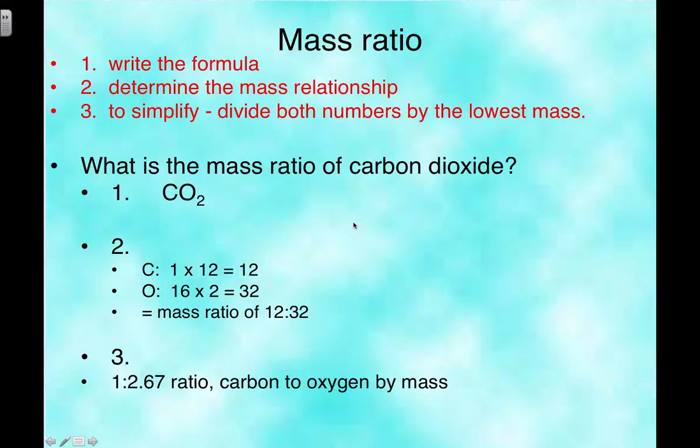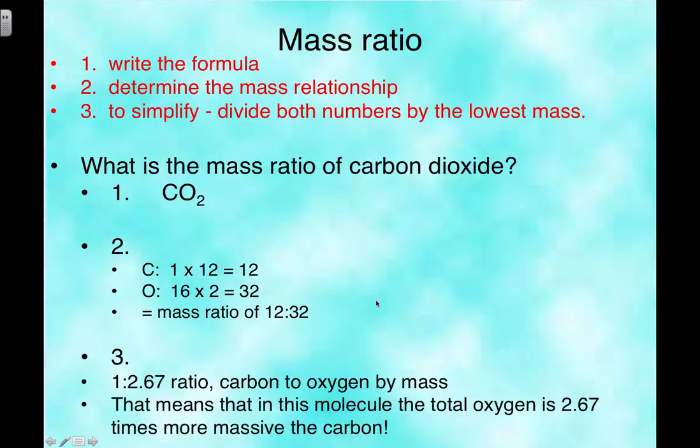Okay? Very simple. And this is just all the stuff that we've been doing. We're just using it, taking it one step further now. That means that in this molecule, the total oxygen is 2.67 times more massive than the carbon.